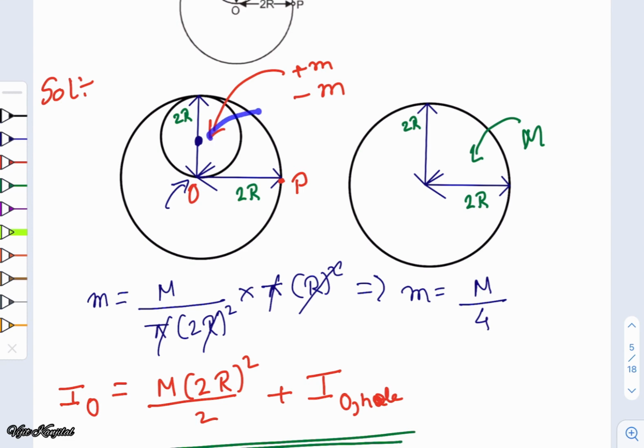We know the moment of inertia of this negatively massed disk with respect to this axis, and we need to calculate it with respect to this particular axis. So this length is 2r, this length is r, and if we connect these 2 points, this is a right angle triangle. So this particular length is root over r squared plus 4r squared, which is root 5 times r.